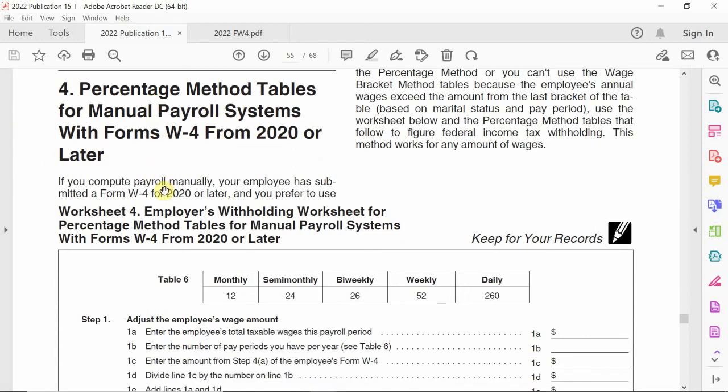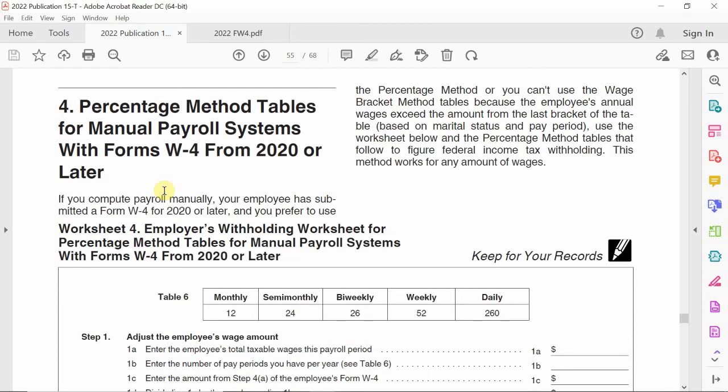Why? Because we're living in 2022. So anybody who's going to be applying for a job now is going to have to file a form for 2020 and later, right? You can't file a 2019 form to an employer right now, because unfortunately it has to match the same year that you are applying.